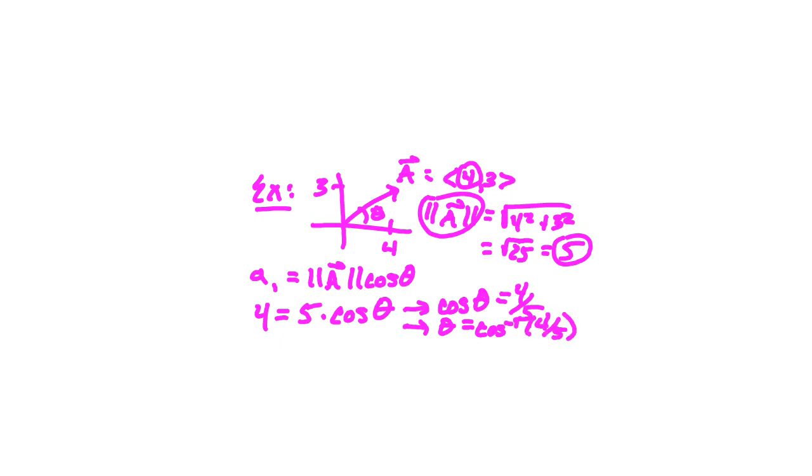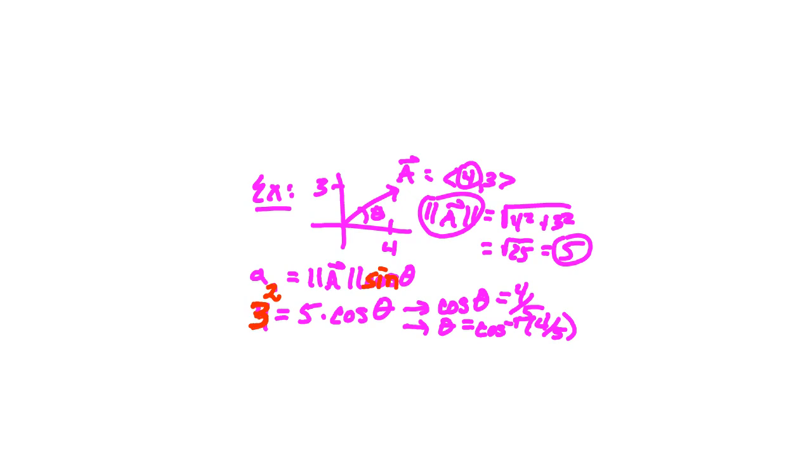And so we can do that, and make sure you're in radian mode or whatever, and go from there. I did not bring my calculator in, so I'll let you do that to come up with the actual angle there. And of course, we could have also done the other one with A2. So if A2 is norm of A sine theta, then of course A2 is 3, right?